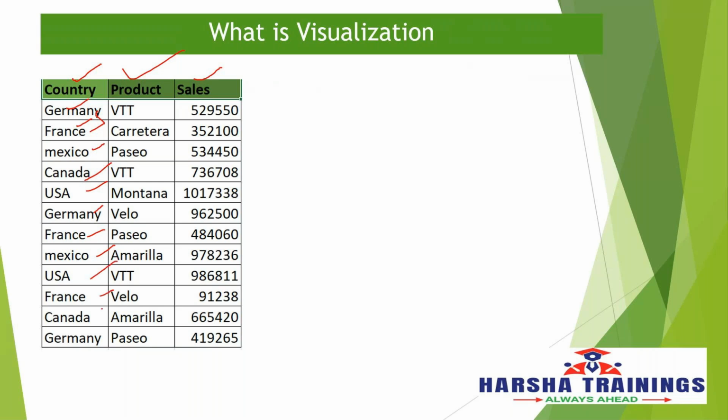It means duplicate records are there. It's okay, no issue. Now I have some products. I don't know what these product names are, even me: VTT, Caradera, Pasio, Monadana, Velo. I'm not sure what exactly these products are, but I have some data.